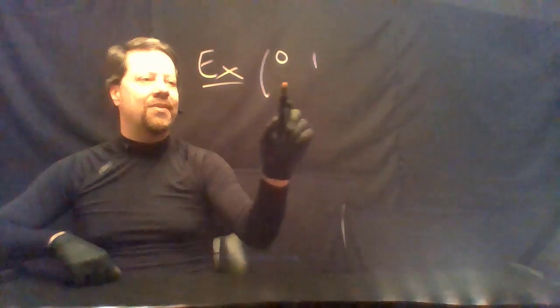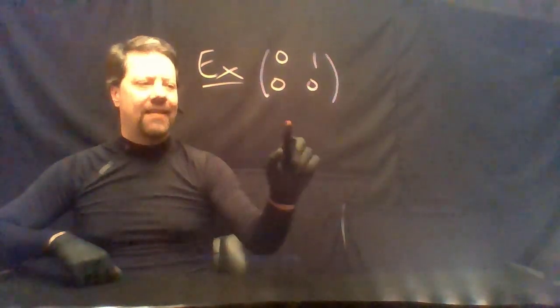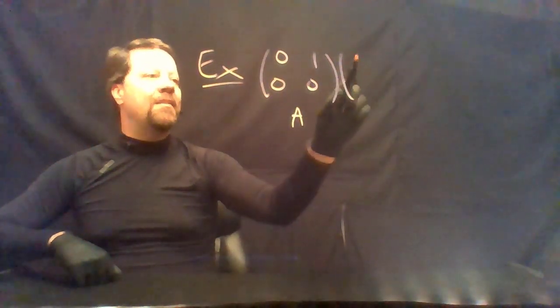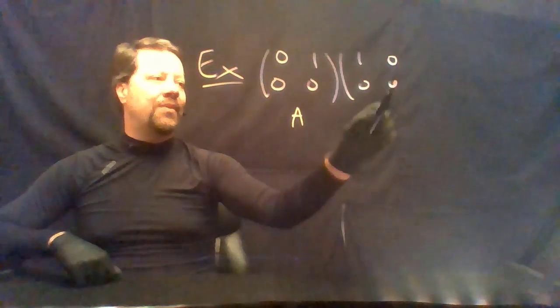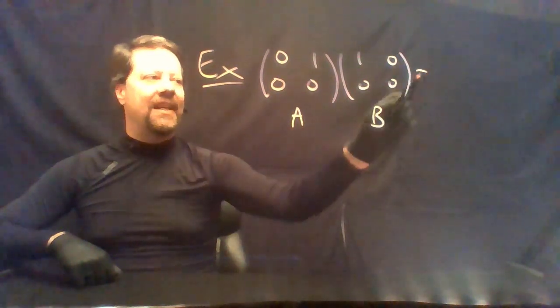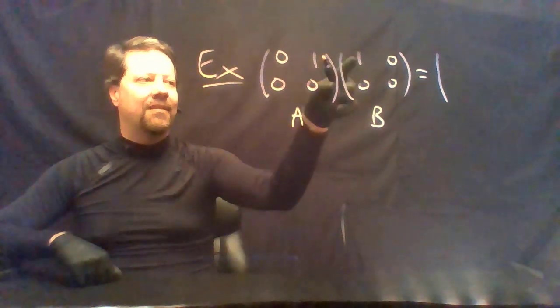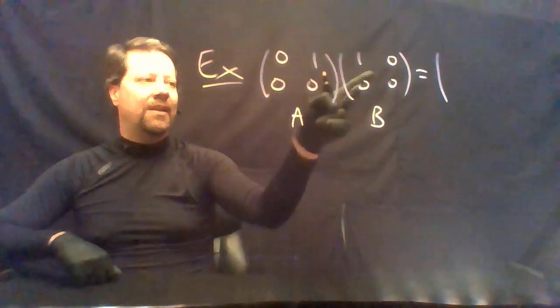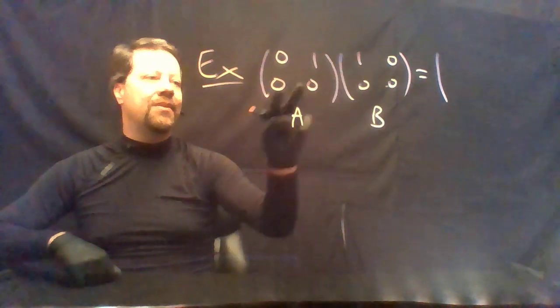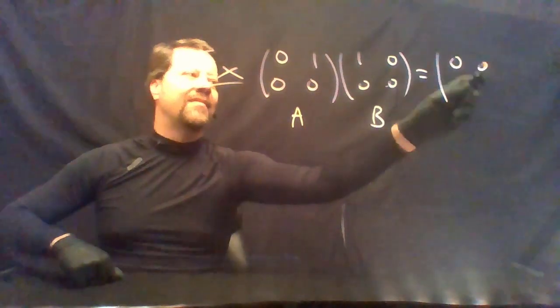So, what is it that matrix multiplication can't do? Let's suppose I give you the matrix 0, 1, 0, 0, that's A, and the matrix 1, 0, 0, 0, that's B. What do I get when I multiply these matrices? One is only multiplying onto the second coordinate here, so I get 0, 0, and then 0, 0.